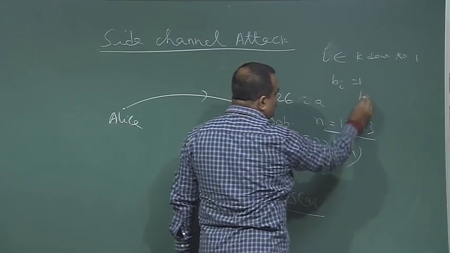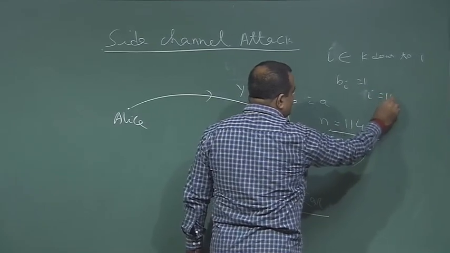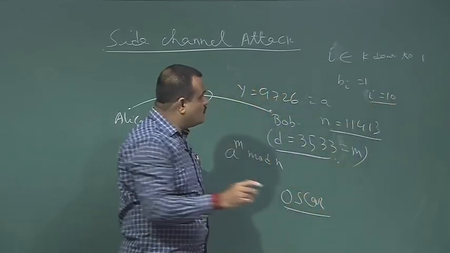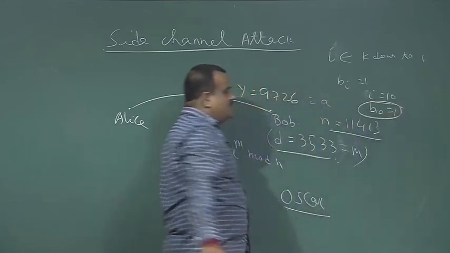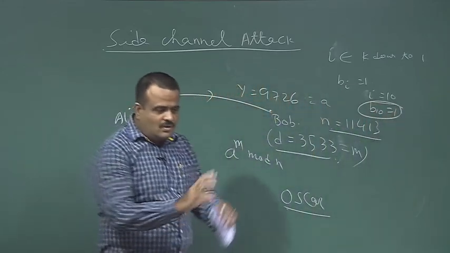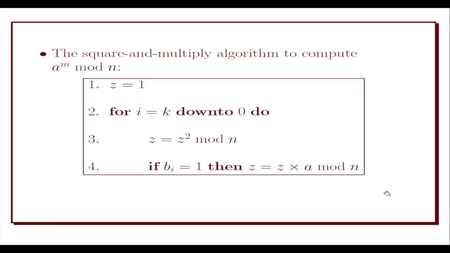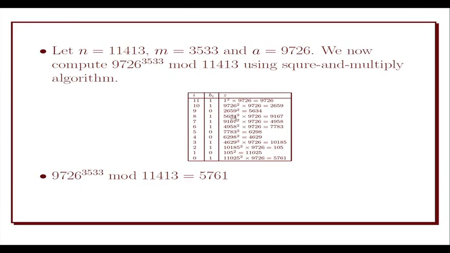Suppose for i equal to 10, Oscar sees it is taking more time, that means the corresponding b_10 must be 1. Oscar will just measure the time of the computation by sitting at the side, either by putting some power measuring machine or something. This is also called a timing attack.